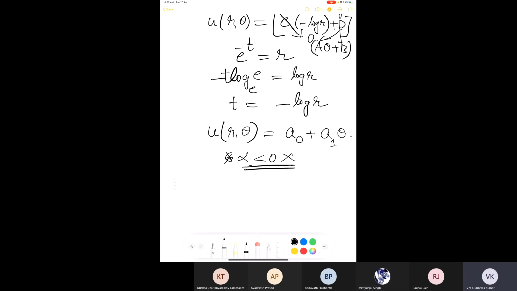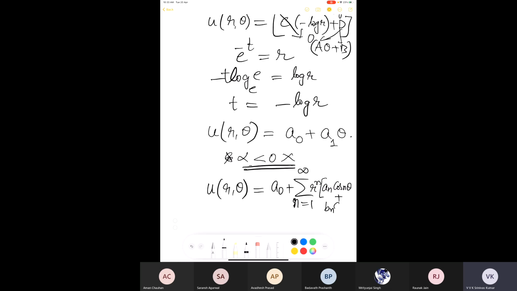Yes, sir. Let us get back to the final solution in polar coordinates. We have found the final solution in polar coordinates: u(r, theta) is equal to a naught plus summation n equals 1 to infinity r to the power n times (an cos n theta plus bn sin n theta).